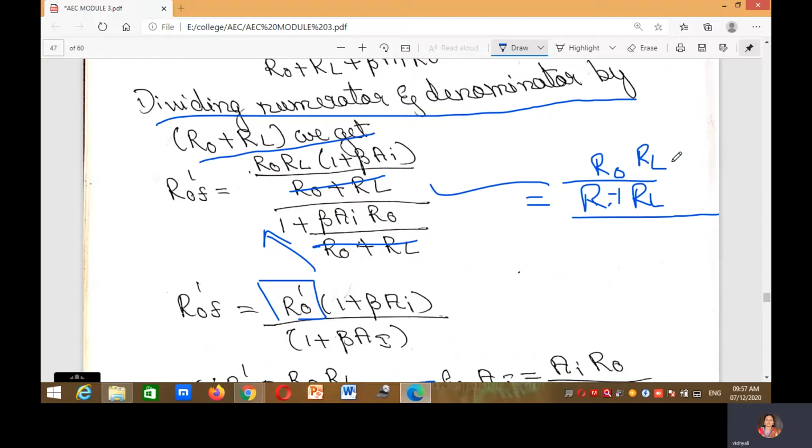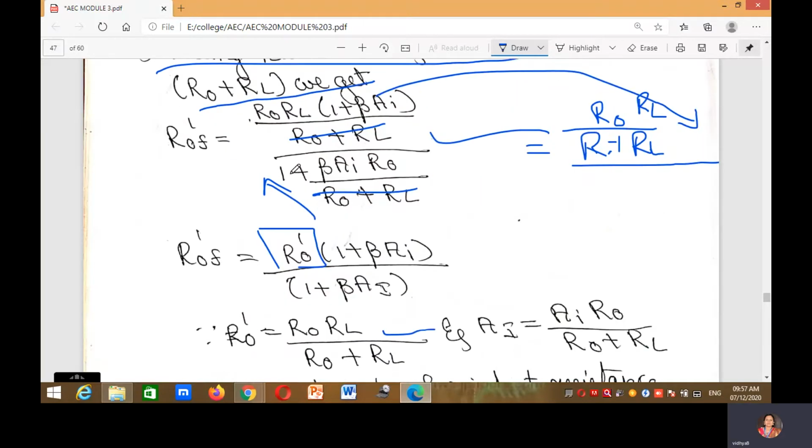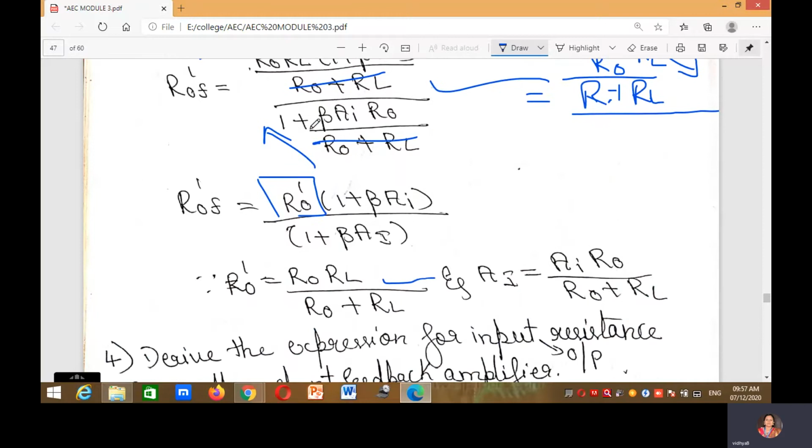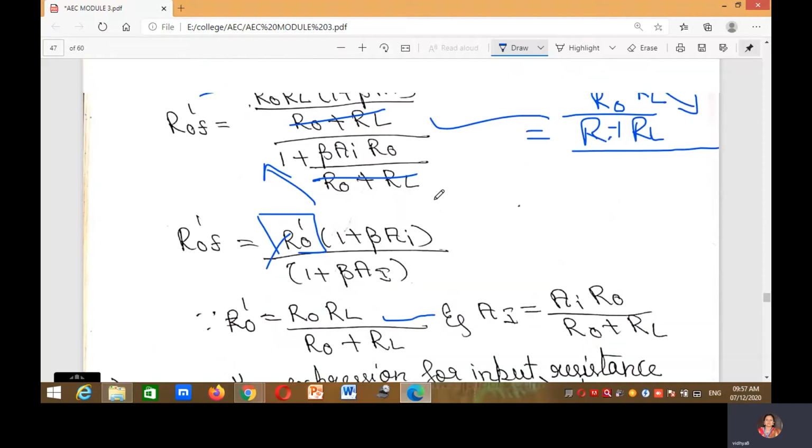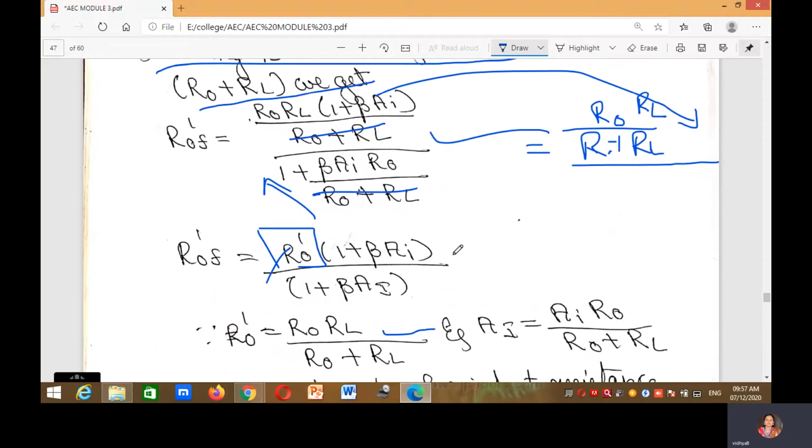Okay, this will be similar again. Instead of 1, you will get 1 plus beta AI into RL. R naught dash is equal to R naught into RL divided by R naught plus RL. 1 plus beta AI will be the same.